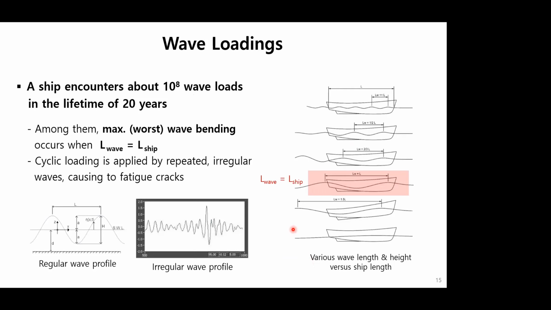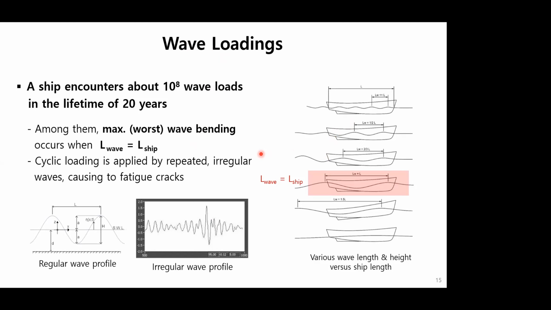When designing a ship hull, the main external loading is wave loading. In reality, there are so many kinds of waves that we meet when we sail at sea.